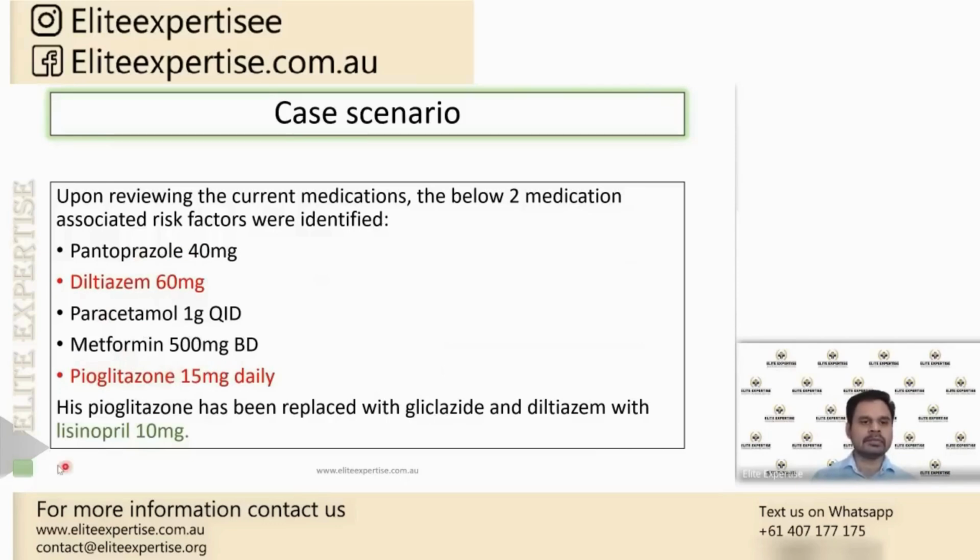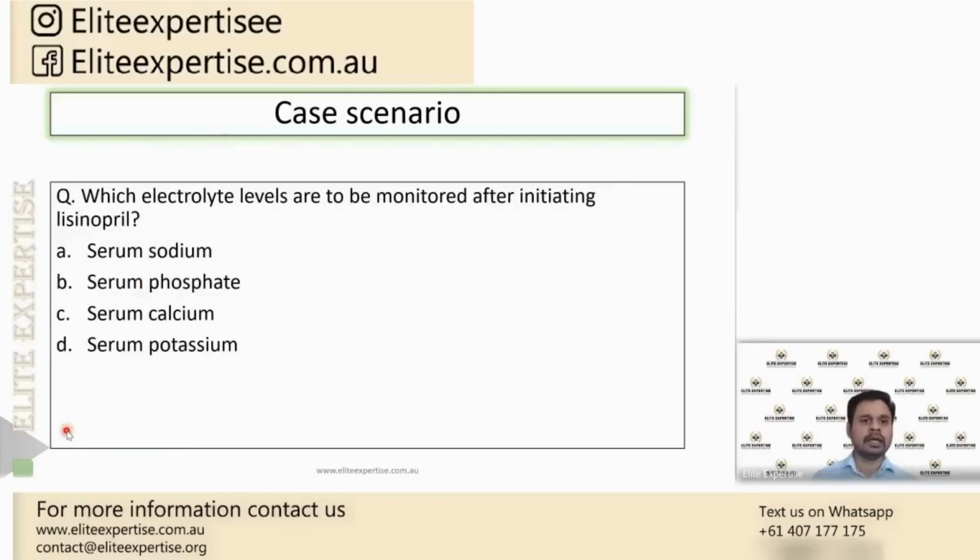So we have started the patient on lisinopril. Lisinopril is an ACE inhibitor, angiotensin converting enzyme inhibitor. That is the first medication that we have started for this patient. Now, after starting lisinopril, what parameter do we need to monitor?